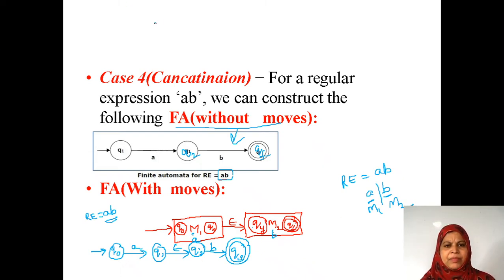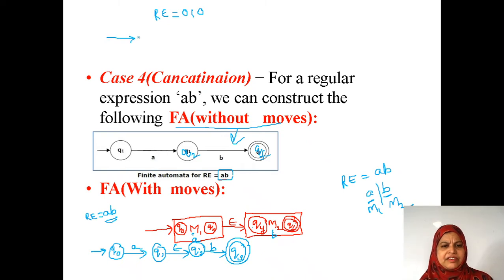For example, my regular expression is 0, 1, 0. It consists of three symbols, 0, 1, 0. Now, what is the automata for this one?